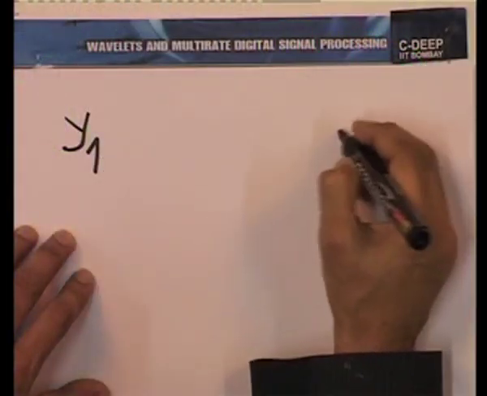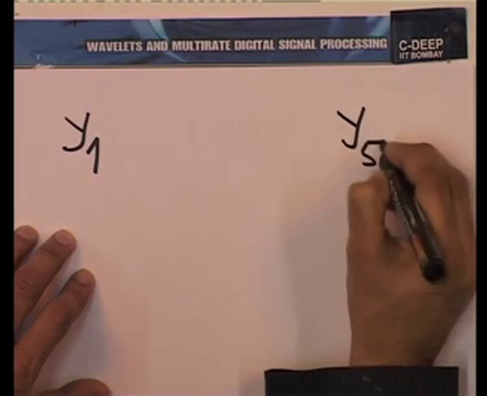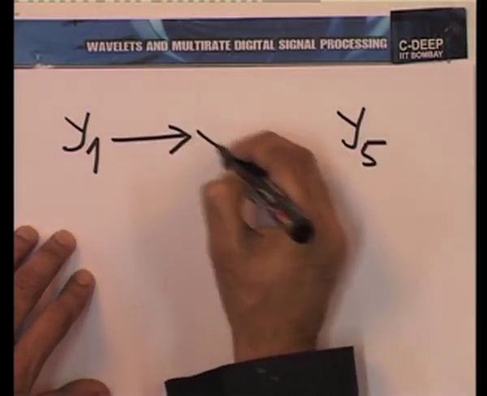So, we will put the relation between y1 and y5, and y1 to y5 is essentially just a modulation.